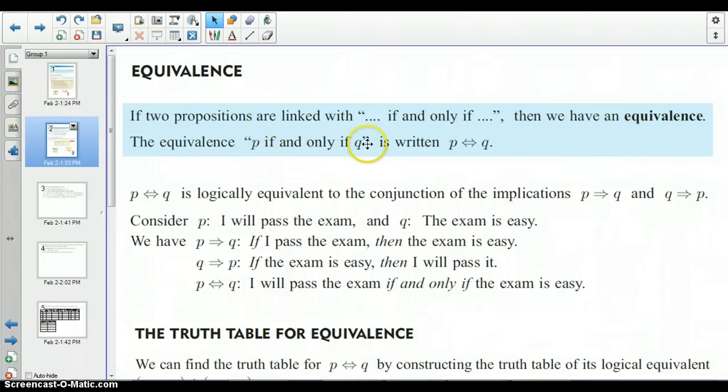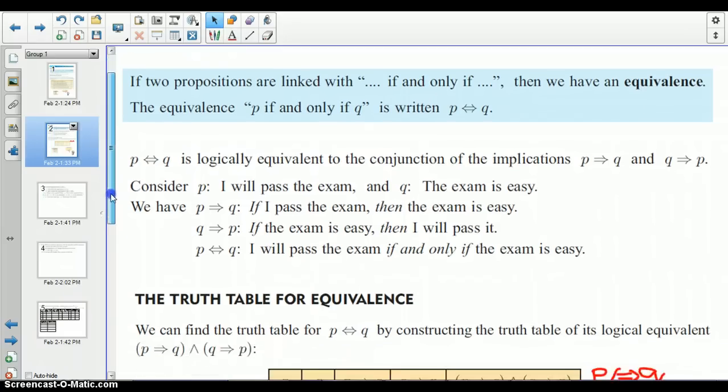P if and only if Q is written with a double-sided arrow, P and Q. P if and only if Q is logically equivalent to the conjunction of the implications P implies Q and Q implies P. Remember back from section C, a logical equivalence is when we have two statements with the same exact truth table column values. So let's see if we can prove this.